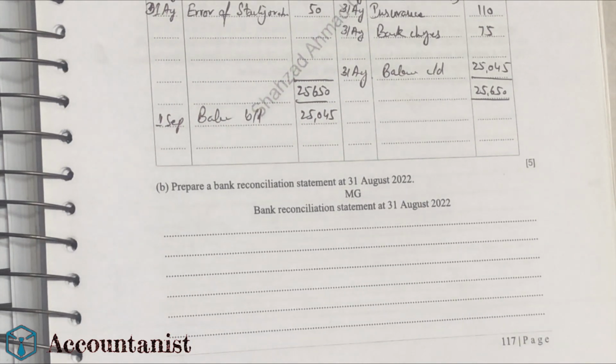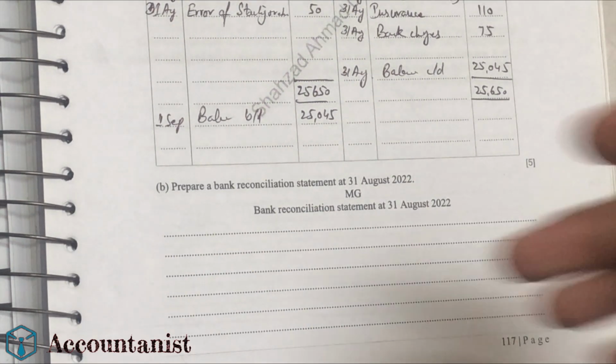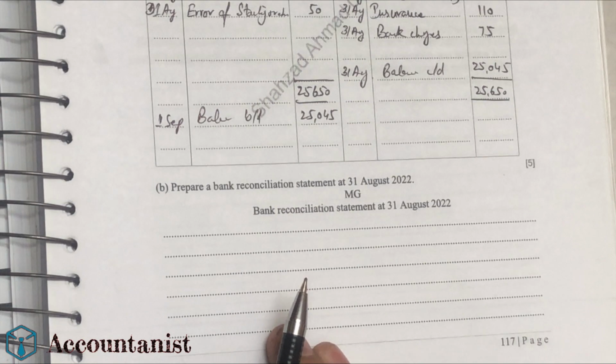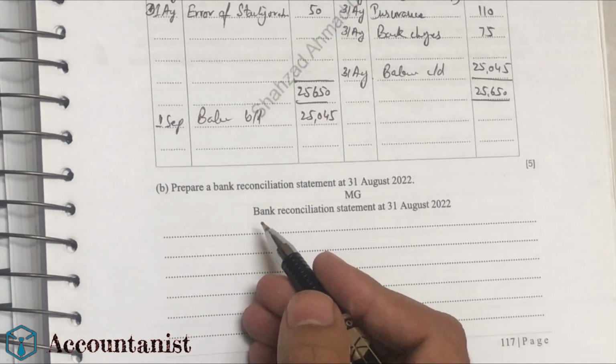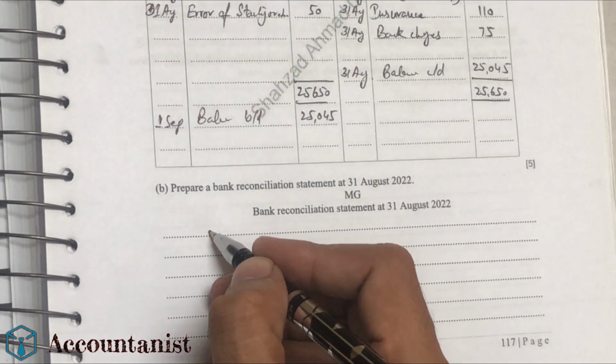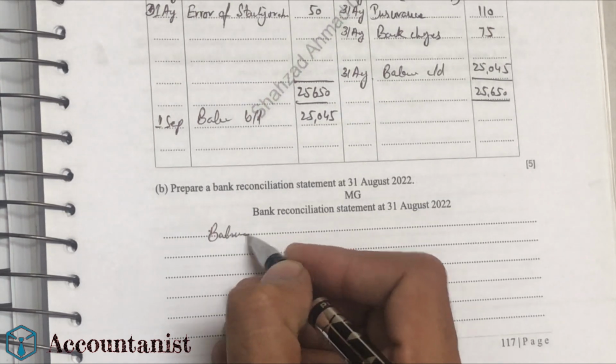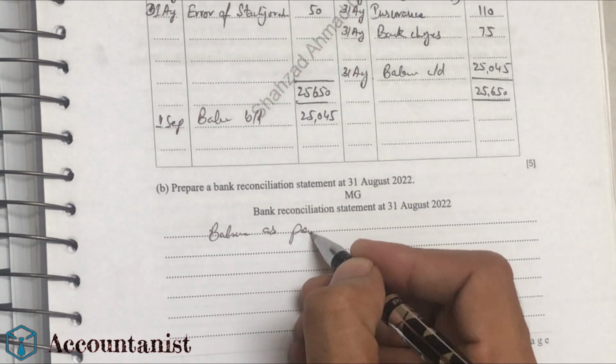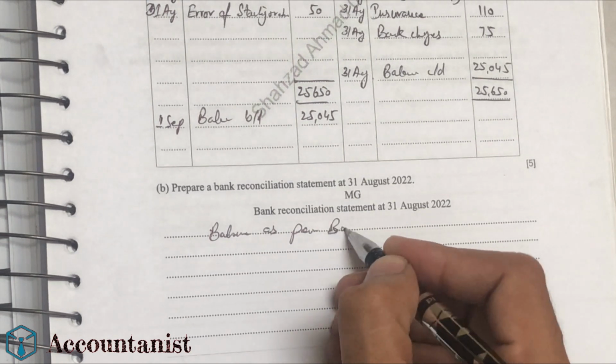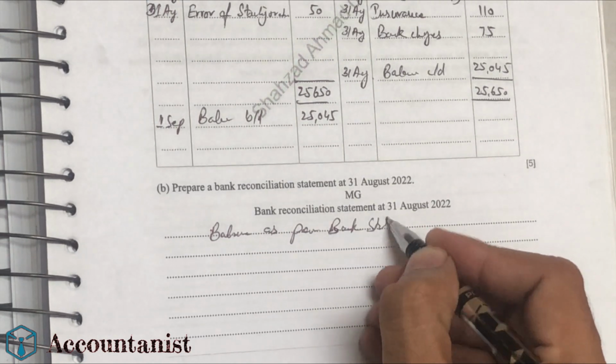There are two options: either we can start from the bank statement balance, or we can start from the cash book balance. In the previous question I started from the cash book balance, and in this question I'm going to start from the bank statement balance. So I'll write down the balance as per bank statement.